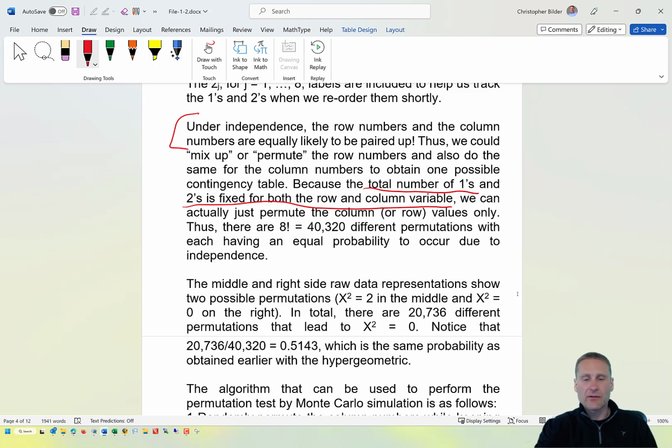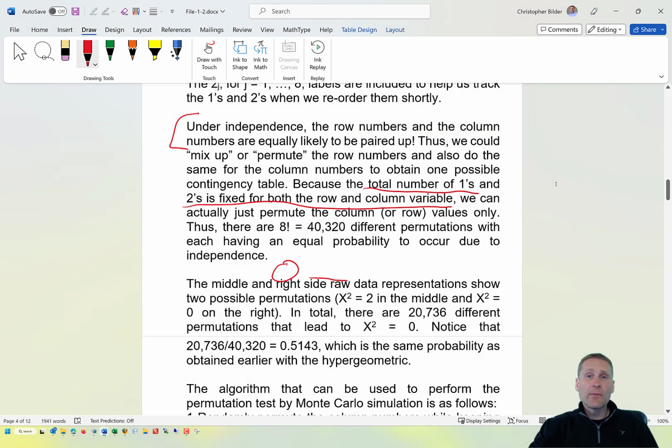That would be good enough. And since there are 8 rows in this raw data format, there are 8 factorial or 40,320 different permutations of those column numbers. Each of them is equally likely to occur under independence.